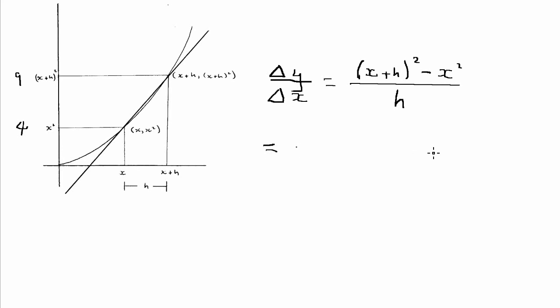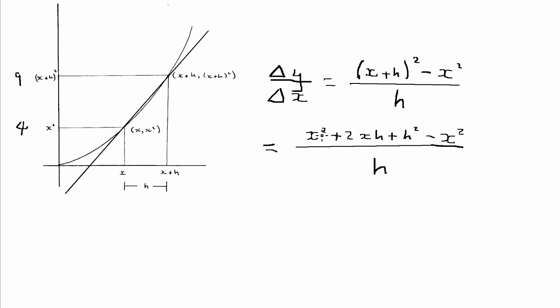And the easiest way to start doing that is to expand this bracket on the top. If you expand (x plus h) all squared, you will get x squared plus 2xh plus h squared. And we've still got this negative x squared, subtracting x squared on the end there. That's all divided by h. That should make that clear, that really is still there.